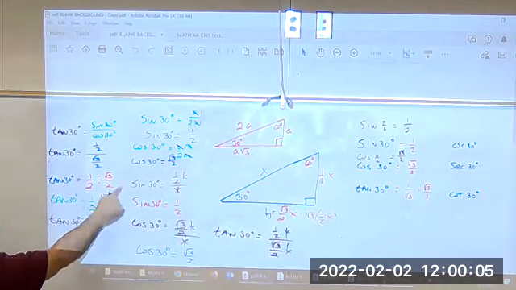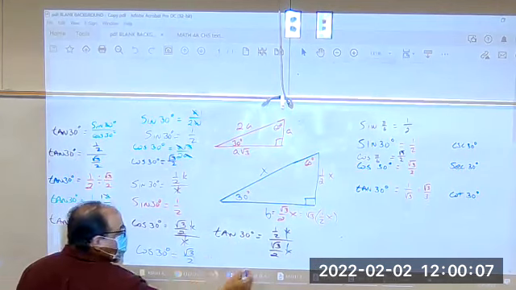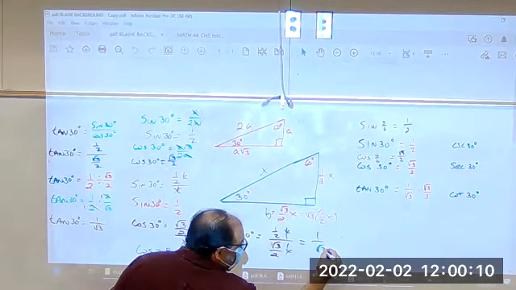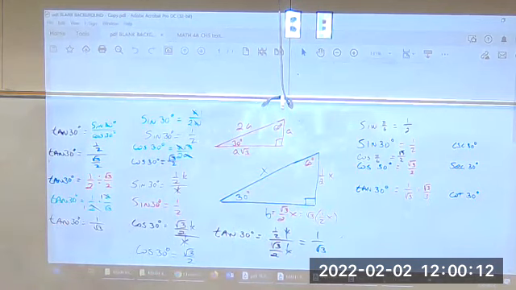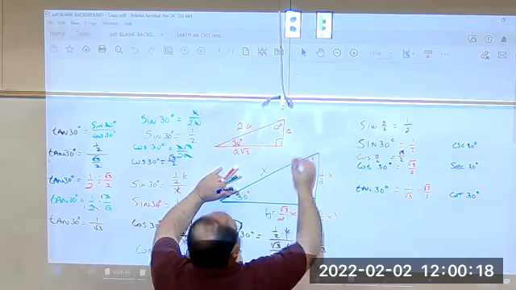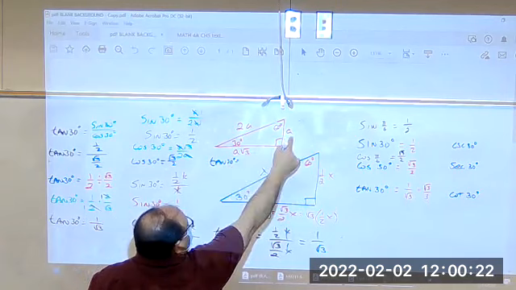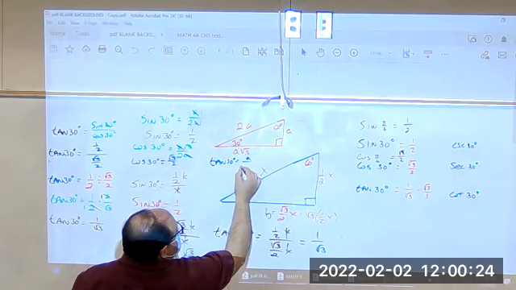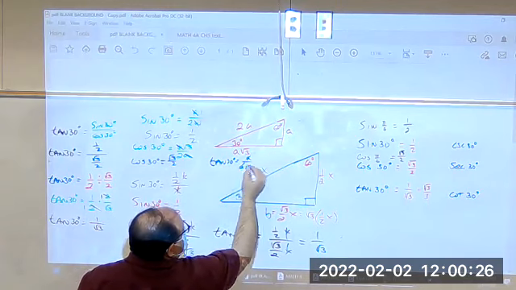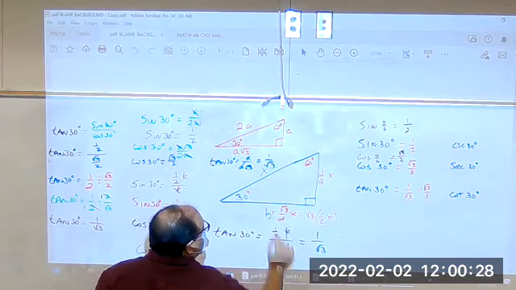Well, 1/2 divided by square root 3 over 2, we just saw 1 over square root 3. Okay. What's really nice is when you have this rendition, because now your tangent of 30 is 1 over square root 3.